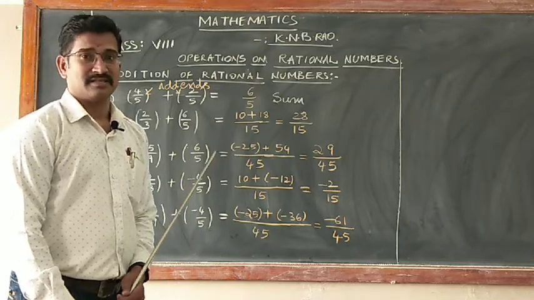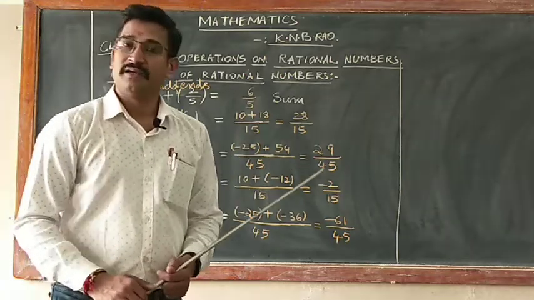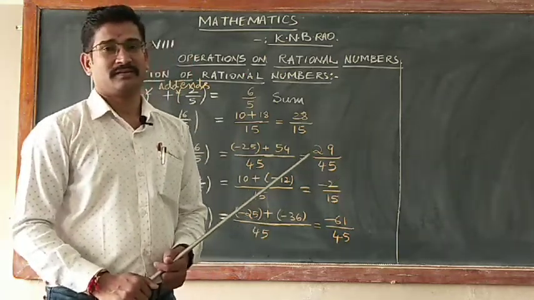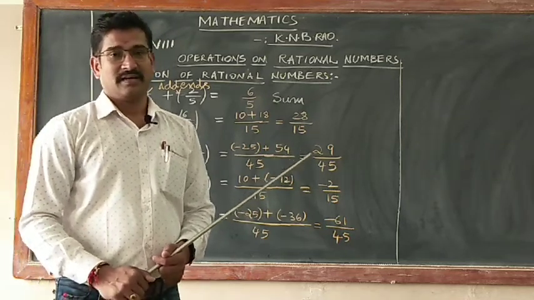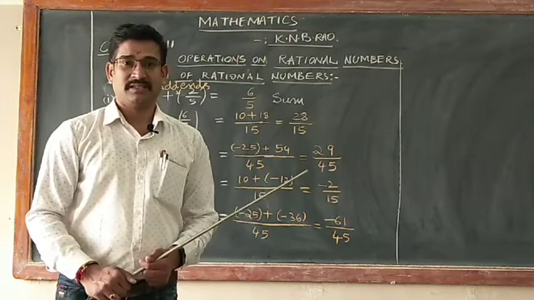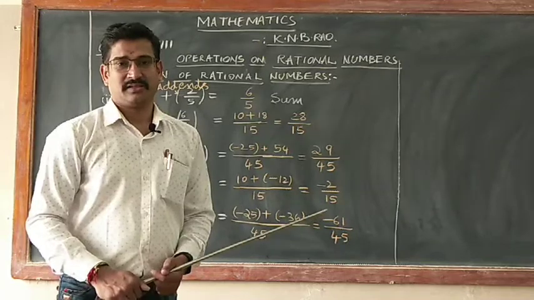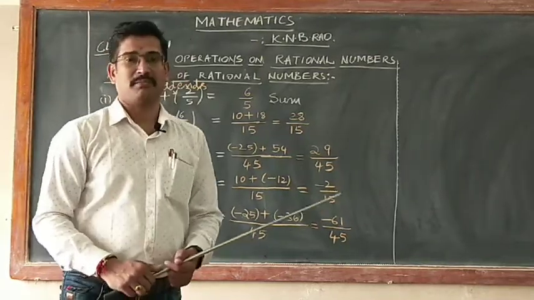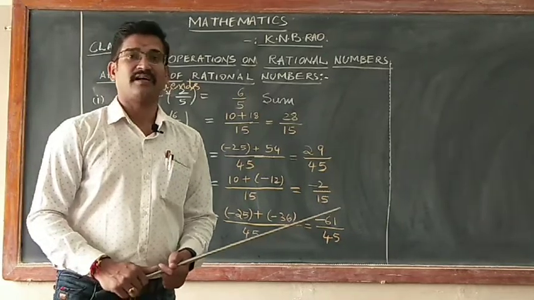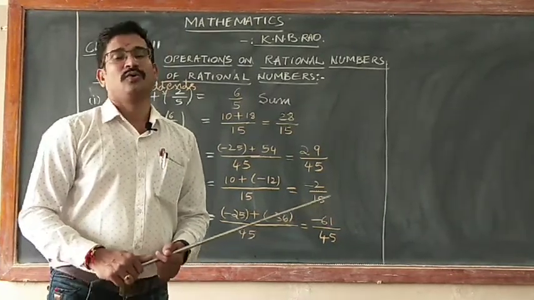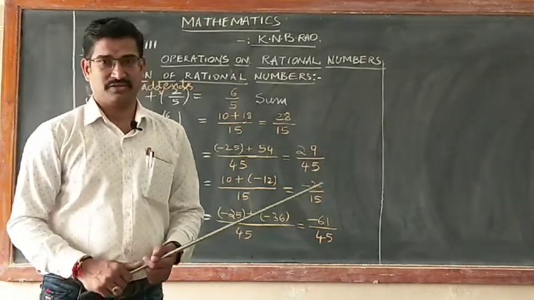In next sessions, we will be concluding one of the important properties of rational numbers called closure property, which deals with the same knowledge. When we add any two rational numbers, the sum is again a rational number. We will learn this property in detail in our next session.